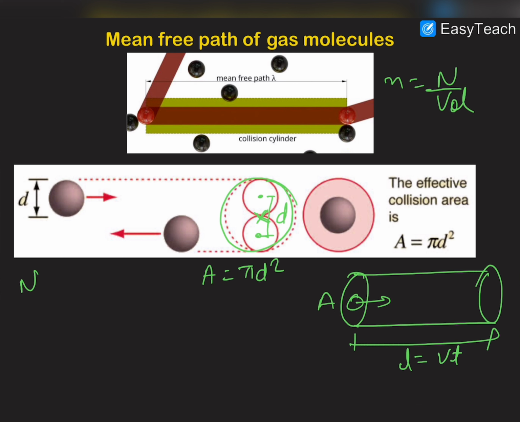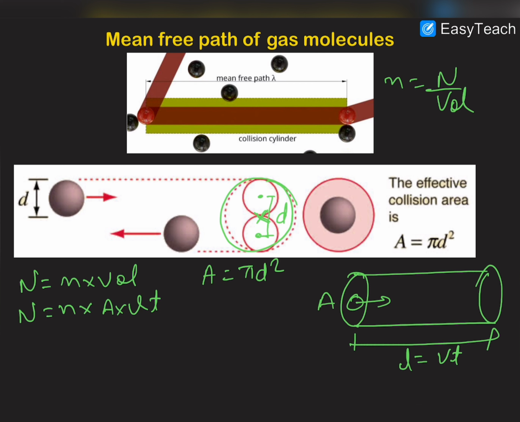So the total number of molecules will be n into the volume of the cylinder, which is area into vt. This is the total number of molecules within this cylinder.